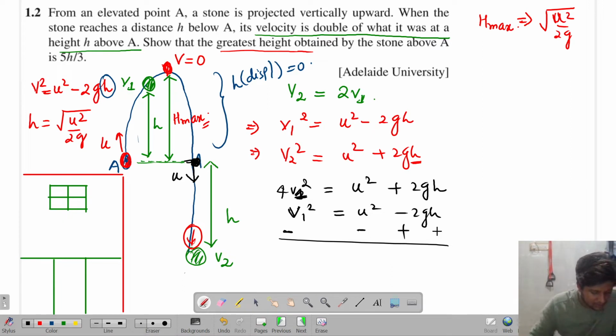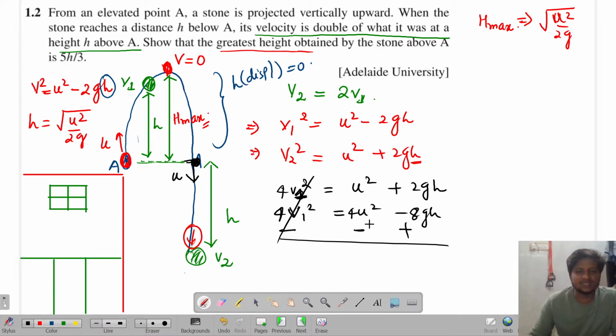Sorry, I need my initial velocity now for calculating h max. Okay, so first multiply with this 4. So what will it become? 4u square minus 8gh, yes or no? Now this is minus, this is plus.